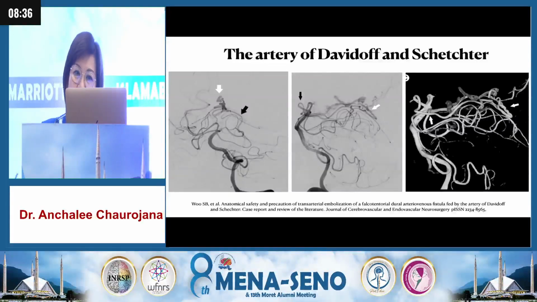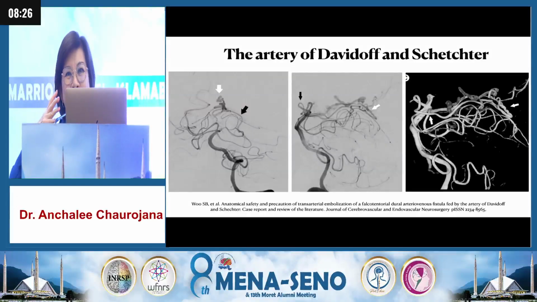One thing you need to know is the arterial supply. Most of the shunts are in the midline, so the supply can come from bilateral carotids and so on. One artery you should know is the artery of Davidoff-Schechter. It is a dural artery arising from the posterior cerebral artery.